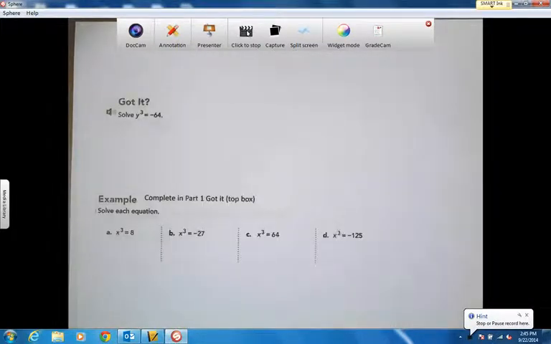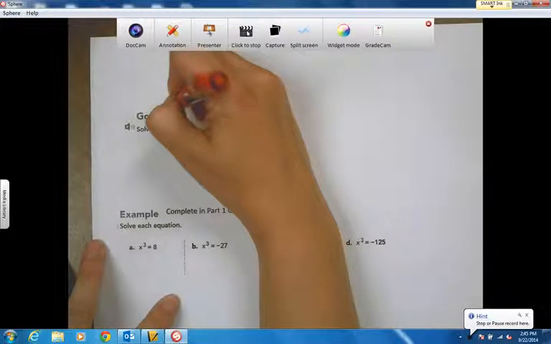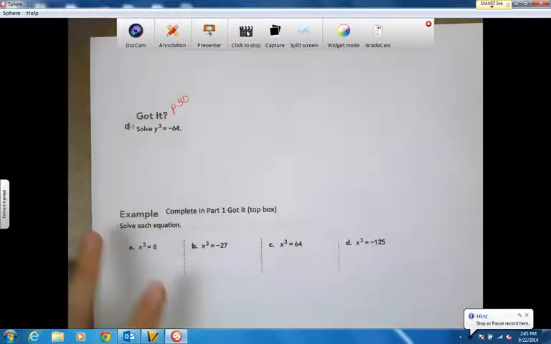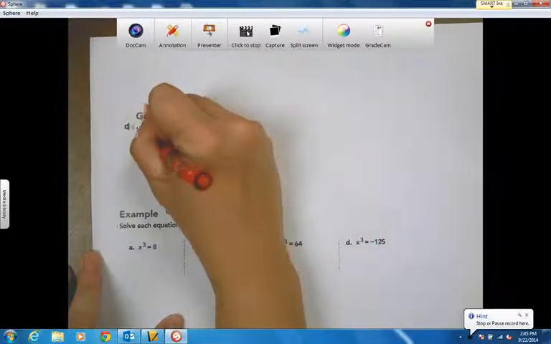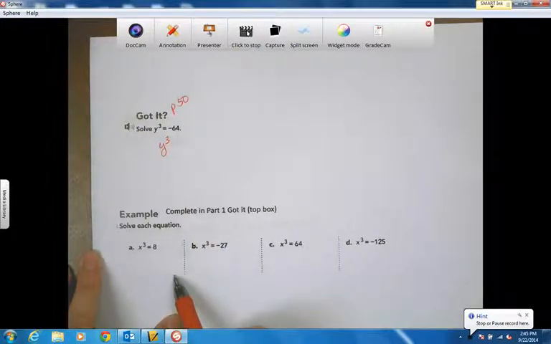All right, so first thing we're going to go to is your next page. At the top of that page, page 50, you should see the Got It. And we're going to learn how to solve the cube root of negative 64. Okay, notice that these are also going to go in that top box, so make sure you leave yourself some space for these two.